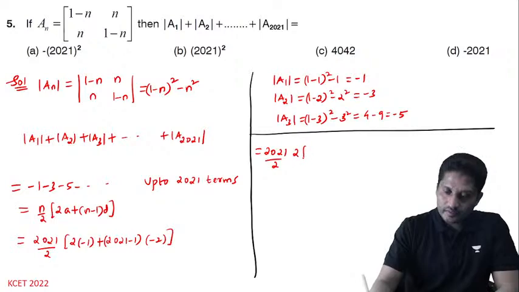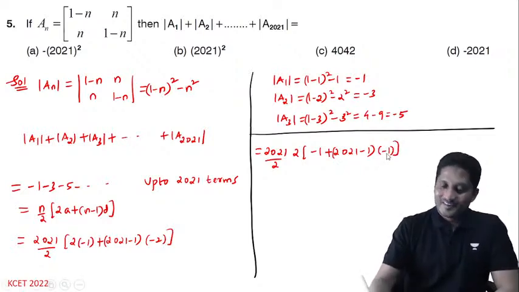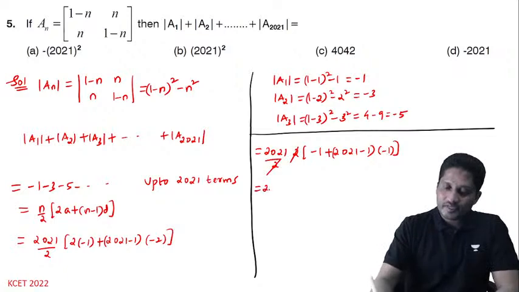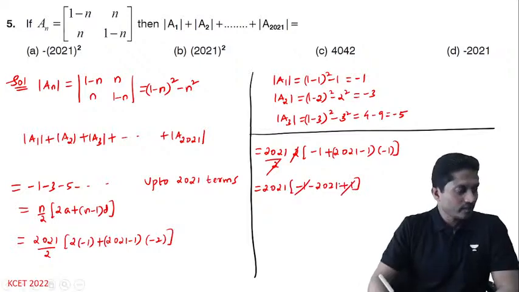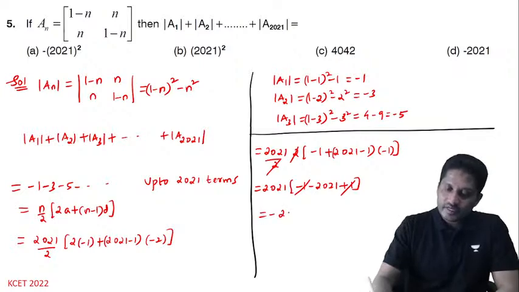I'm going to take 2 common. Left out is minus 1 plus 2021 minus 1 into minus 1. You should have a lot of patience. So 2 and 2 cancel, so this is 2021 into minus 1 minus 2021, and minus minus is plus 1. This fellow will cancel. So this is equal to minus 2021 the whole square. You understand, guys? Answer will be equal to option A only.